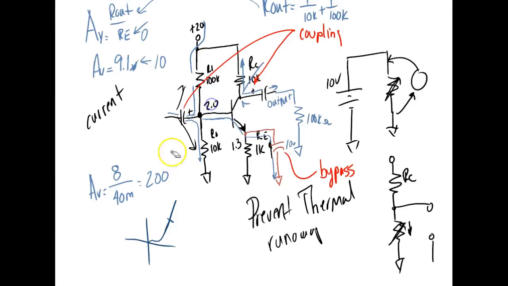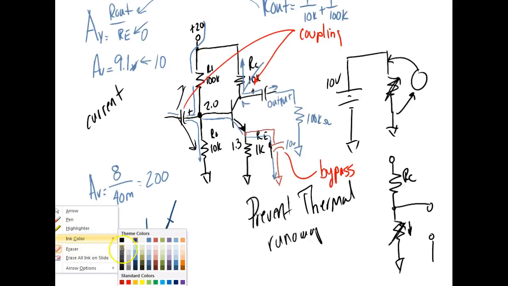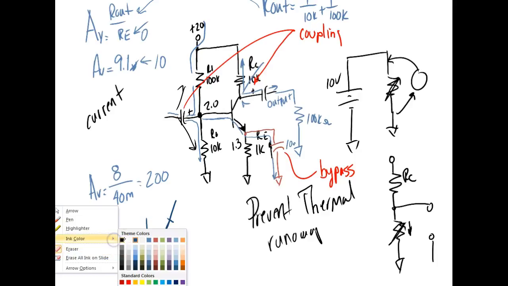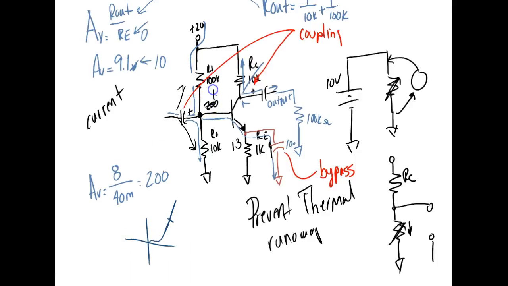I can't erase that. What were our actual calculations? What did we calculate VB to be? 1.8 volts. Okay. And then we calculated RE to be what?